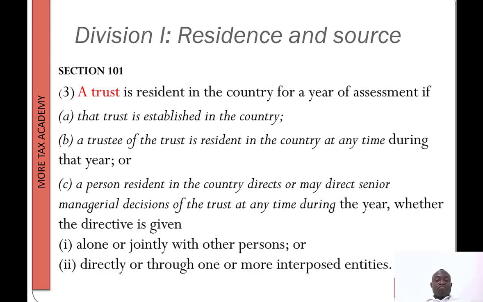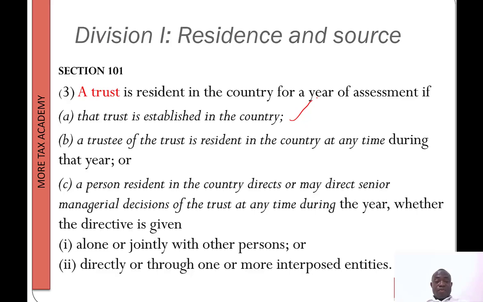Trust, we don't normally see trust in Ghana, but in some places trust is a very huge business. So a trust is resident in the country for a year of assessment if that trust is established in the country. In other words, the establishment is in Ghana, the registration and everything is done in Ghana. Or the trustee or any of the trustees is resident in the country at any time during the year.